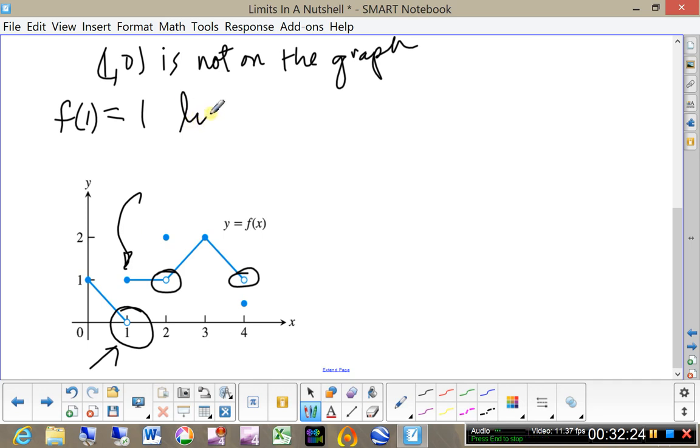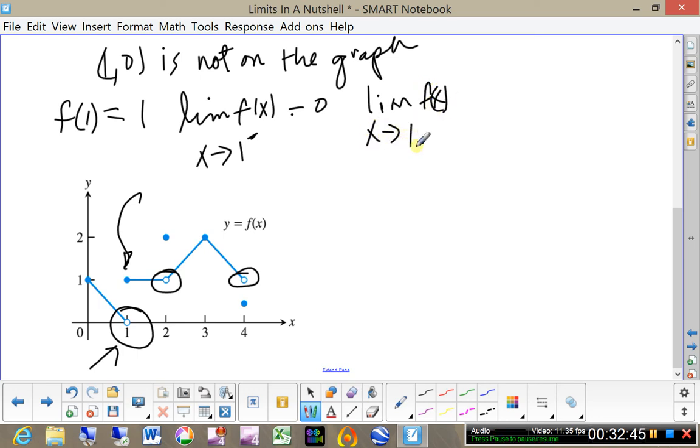We can say that the limit of f of x as x approaches 1 from the left is equal to 0. We can say that the limit of f of x as x approaches 1 from the right, take a look at it, is equal to 1. Notice that f at 2 is equal to 2.